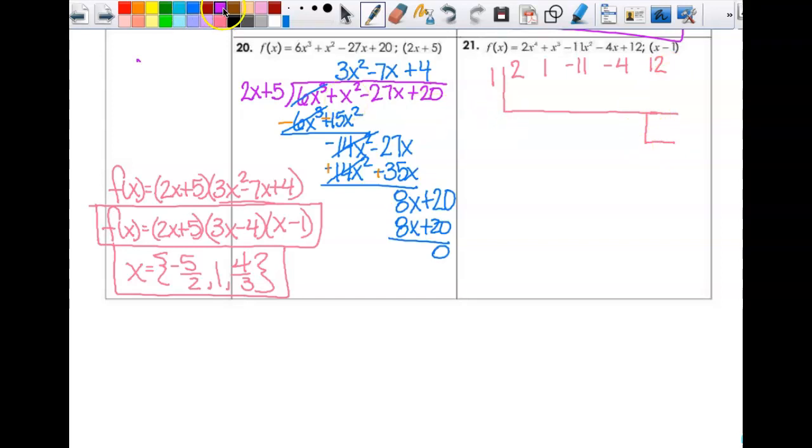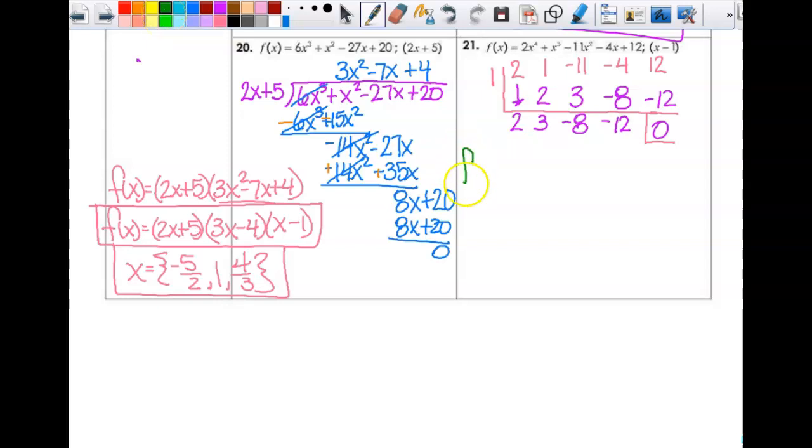Then I'm going to bring down my 2. 1 times 2 is 2. Gives me 3 here. 1 times 3 is 3. Gives me a -8. 1 times -8 is -8. Gives me a -12. 1 times -12 is -12. And I get a 0 like I would expect.